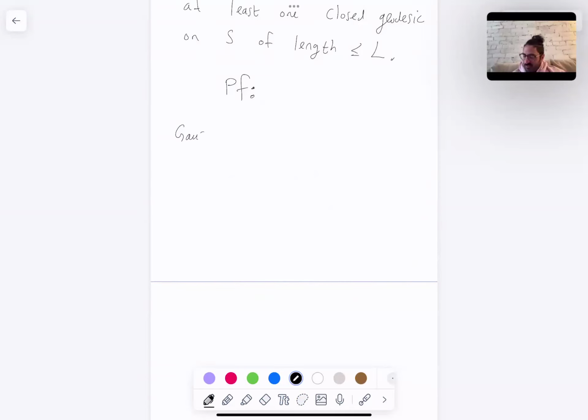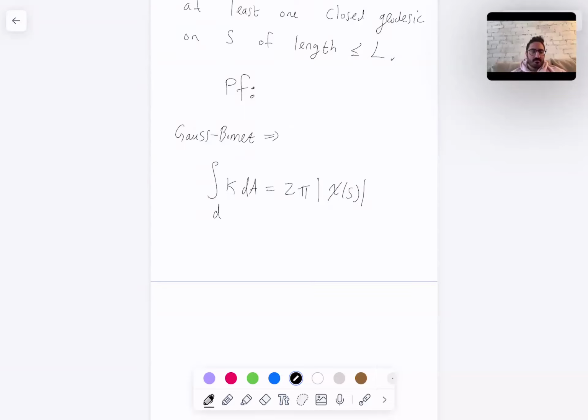What does Gauss-Bonnet say? It says that if I take the integral of the curvature over my surface, then this has to be equal to 2 pi times the Euler characteristic of the surface.